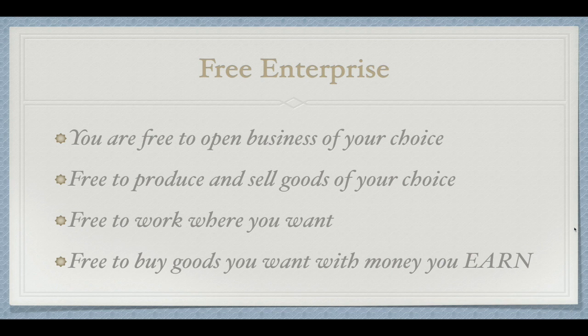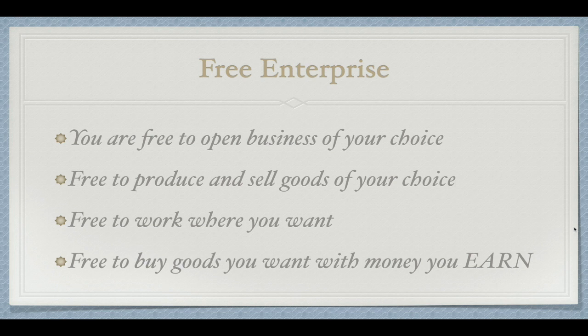So in a true free market economy with free enterprise, you are free to buy goods you want with money that you earn. It's not stuff that's given to you, where they're taxing the rich and taking that money and giving it to the poor in the form of a transfer payment, which we'll get into later in the course. But you can basically buy what you want. You want to go to Cabela's and buy a kayak?